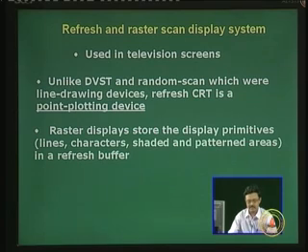The next point is that raster displays store the display primitives in a refresh buffer. We talked about a refresh buffer in the random scan system, which had a display list or a display program and which had to be cycled at a certain rate, but in that case it essentially contained lines. In this case we will say that it entirely stores display primitives like lines, characters, shaded and patterned areas.